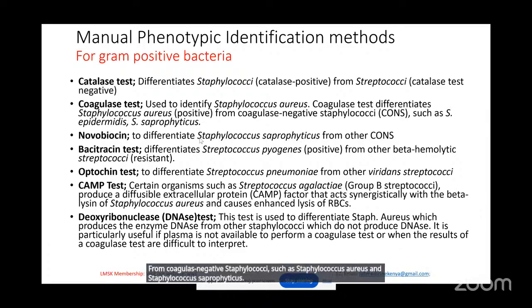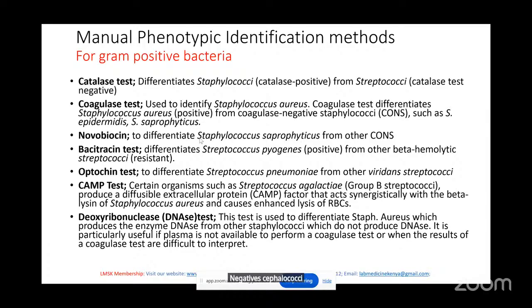You have novobiocin to differentiate Staphylococcus saprophyticus from other coagulase negative staphylococci, where S. saprophyticus is novobiocin resistant. Then you have bacitracin test to differentiate Streptococcus pyogenes, which is bacitracin test positive, from other beta hemolytic streptococci, which are resistant.